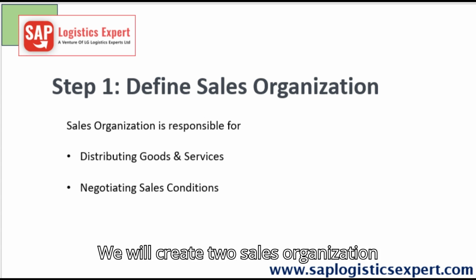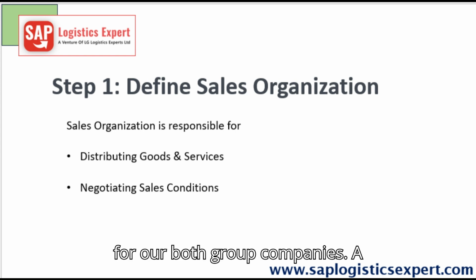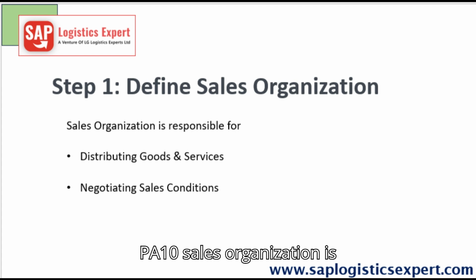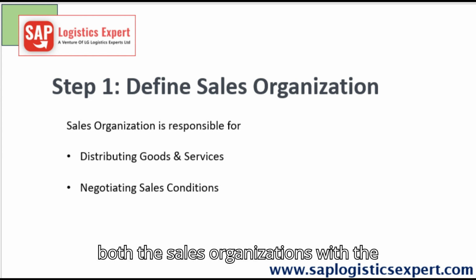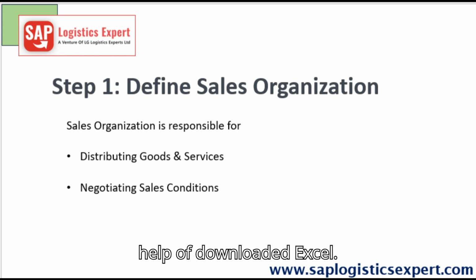We will create 2 sales organizations for both our group companies. PA10 sales organization is for the IC car company. PP10 sales organization is for the electric car company. Create both the sales organizations with the help of the downloaded Excel.